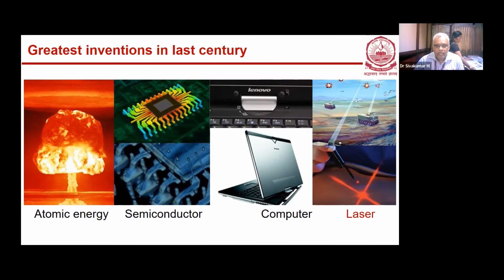And then we have the computer, the development of laptops and other computers. And finally, laser is also one of the inventions of the last century. In the present day, without laser, we can't do any research in materials. Even in nanoscience and nanotechnology, laser is very much essential. Even in our day-to-day life, we are using lasers very much. That we are going to see in due course.